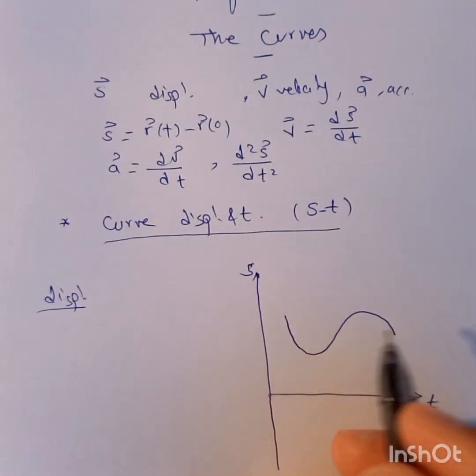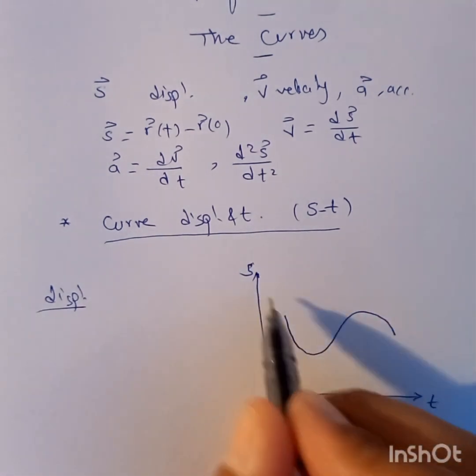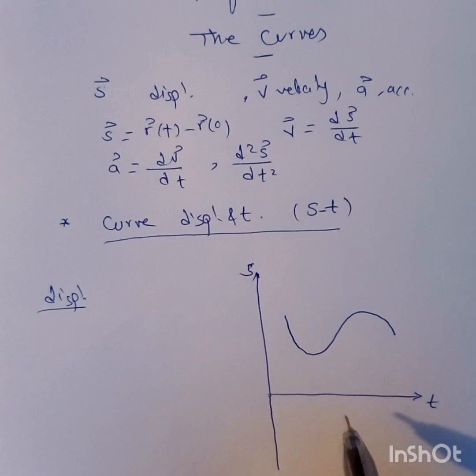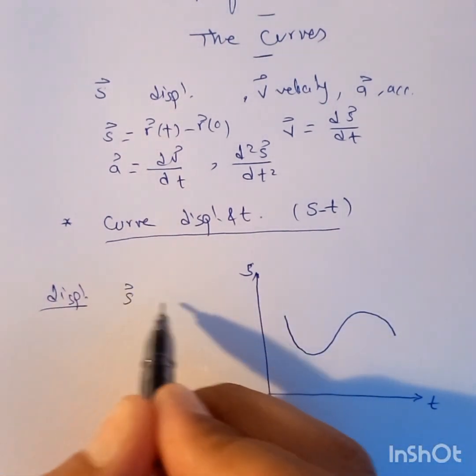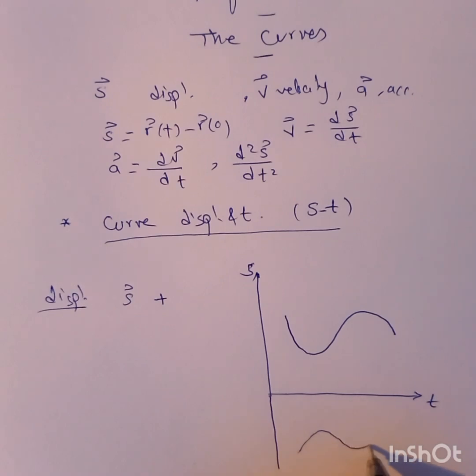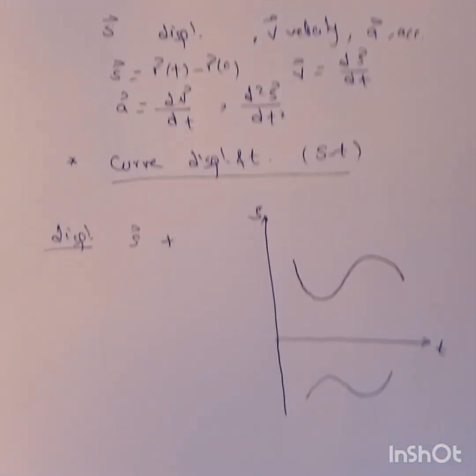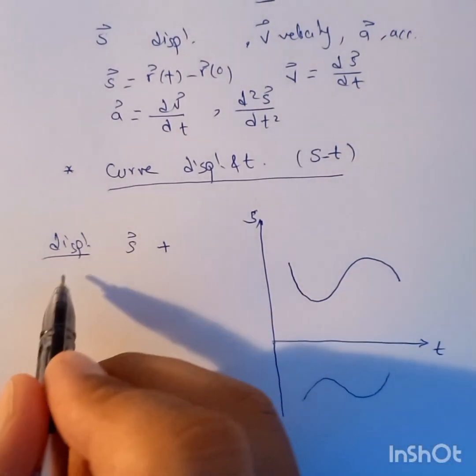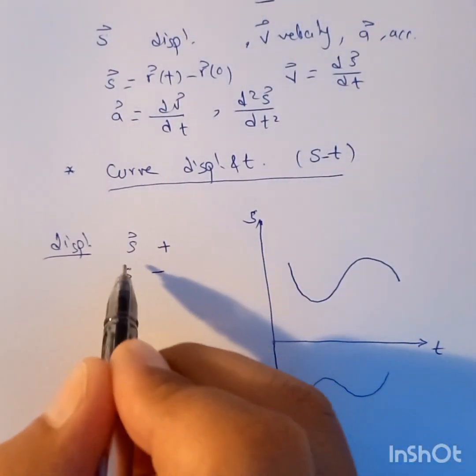If the curve of this motion lies above the x-axis, or time axis, then displacement is a positive value. And if the body is moving according to a curve which lies below the x-axis, then s is a negative value.